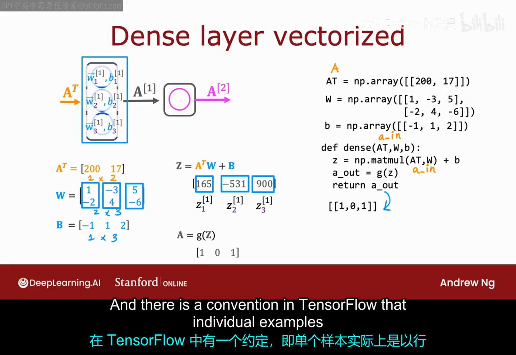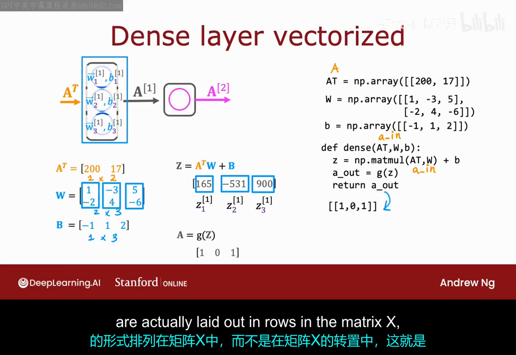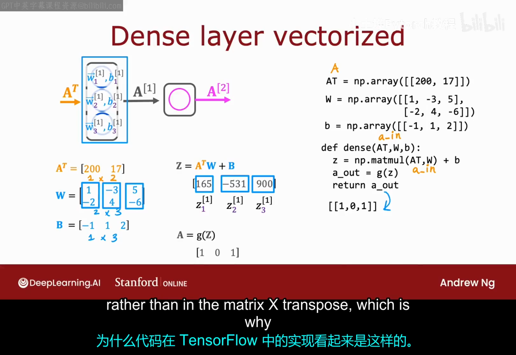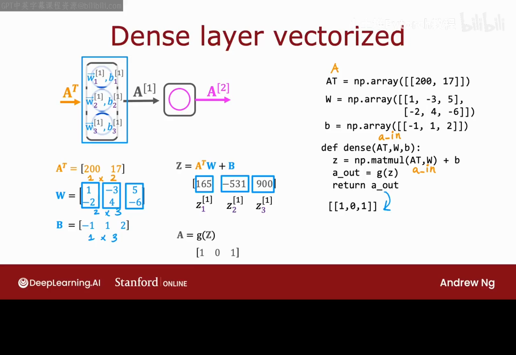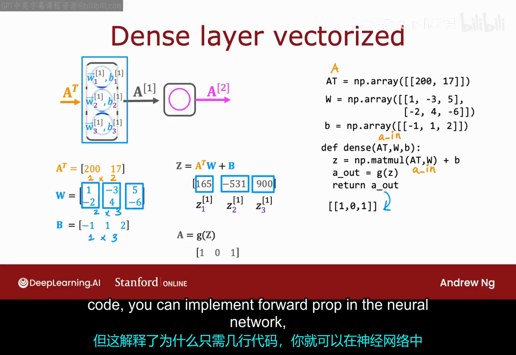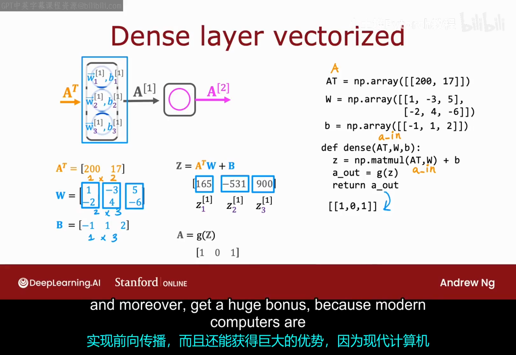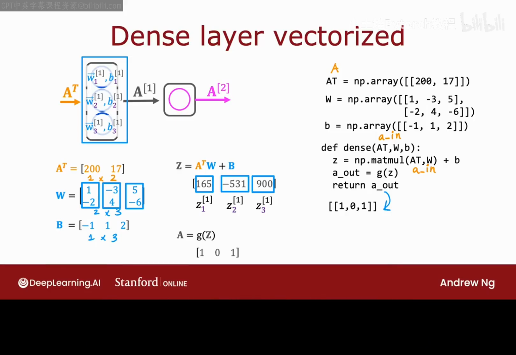And there is a convention in TensorFlow that individual examples are actually laid out in rows in the matrix X rather than in the matrix X transpose, which is why the code implementation actually looks like this in TensorFlow. But this explains why, with just a few lines of code, you can implement forward prop in the neural network, and moreover, get a huge bonus because modern computers are very good at implementing matrix multiplication, such as matmul, efficiently.